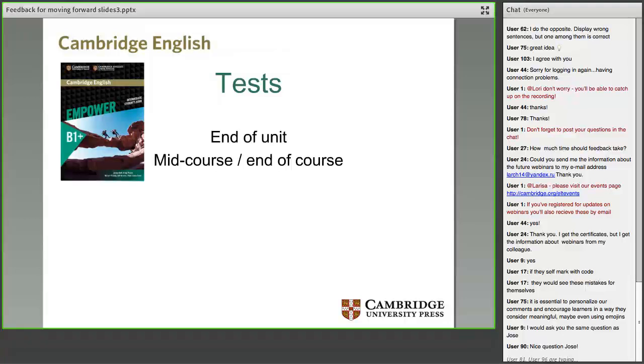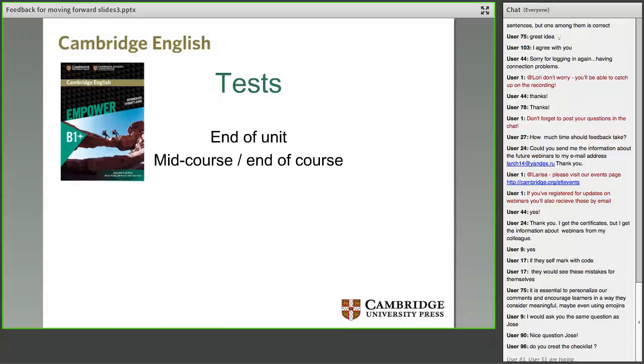Sometimes we do need to do tests because learners need to know where they are and we need to know where they are. And a lot of course books have tests built into them. In Empower, for example, you've got end of unit tests and also mid-course and end of course tests.